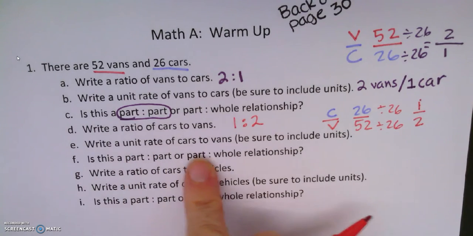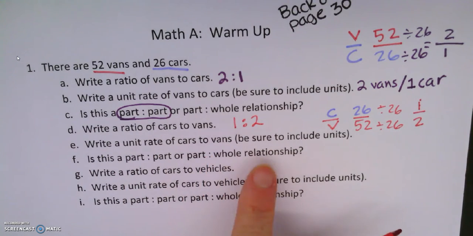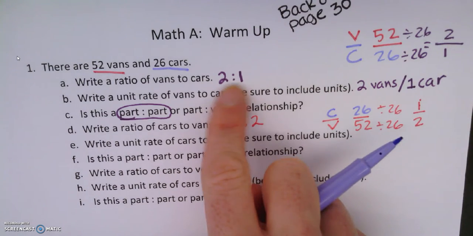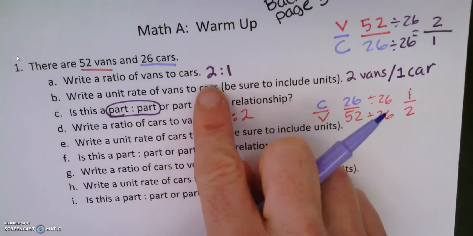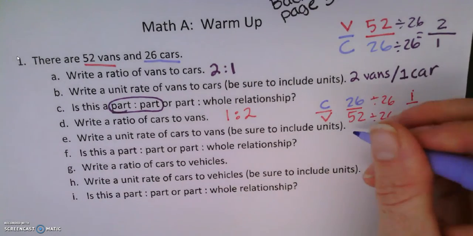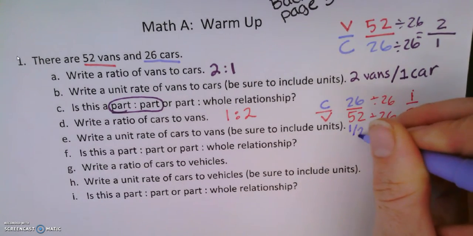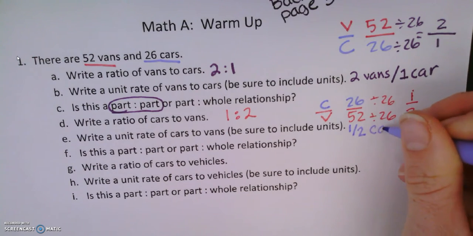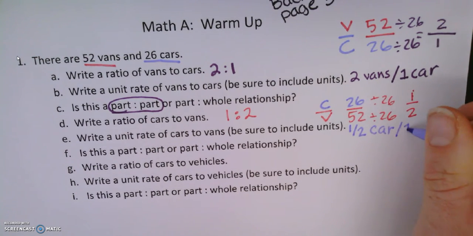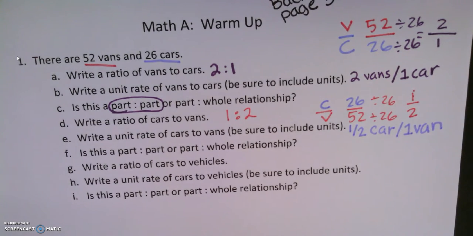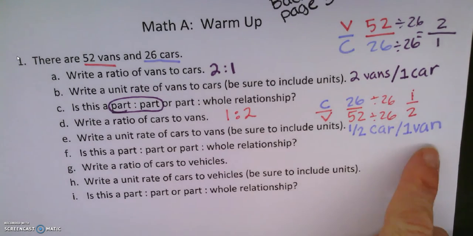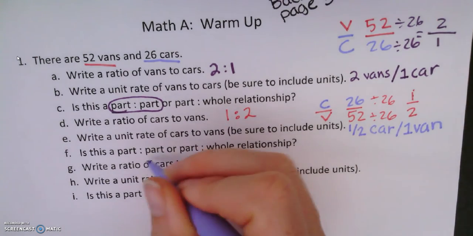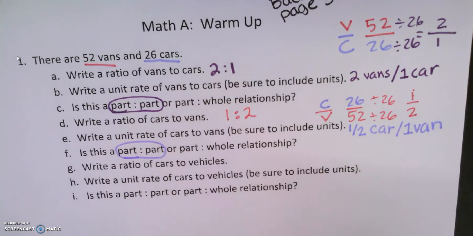So if I want to write this as the unit rate of cars to vans per 1, we know that it's 2 to 1 for vans to cars, so the reciprocal of 2, that's right, 1/2, 1/2 of a car per 1 van. Switch the units and flip the fraction. Is this a part-to-part or part-to-whole relationship? Since we're still talking about each type of vehicle, this is a part-to-part.